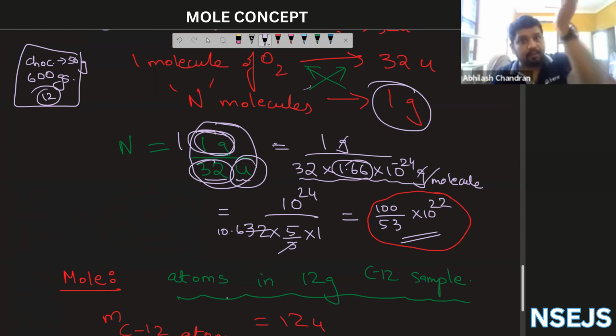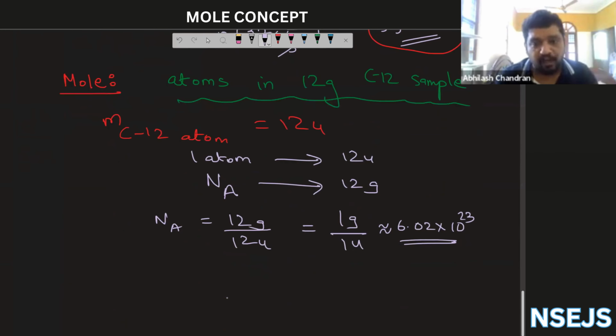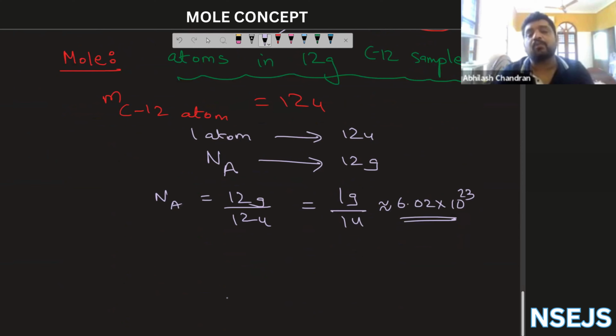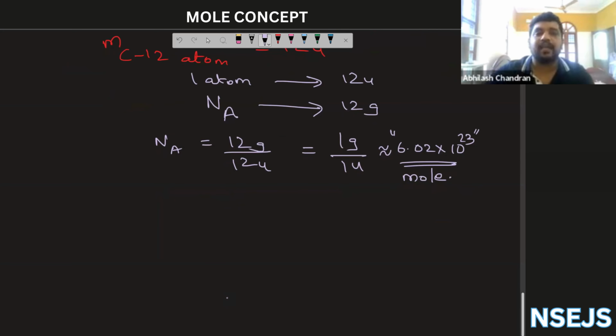So this big number is your 1 gram by 1 AMU, which is going to be such a large number that I don't want to actually speak about it. I want to represent it by a term, mole. This is something that I can use to avoid that calculation.